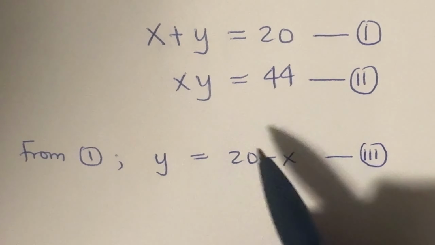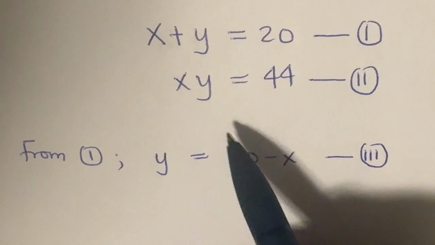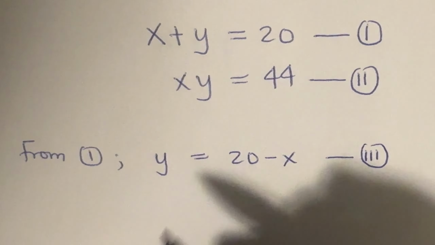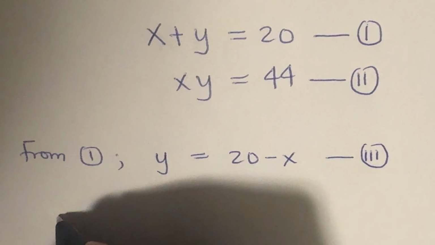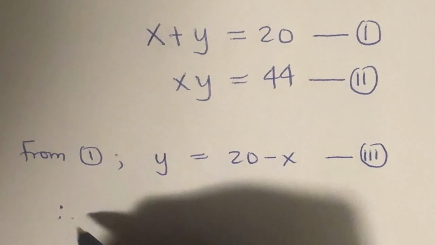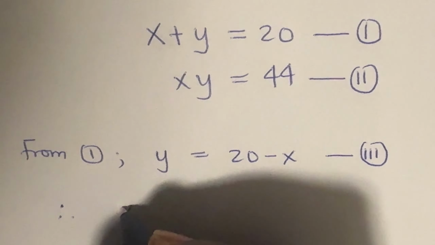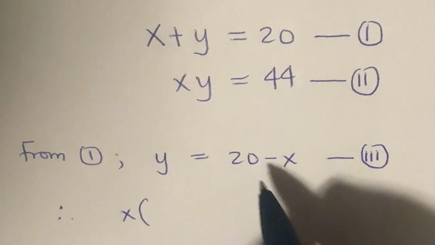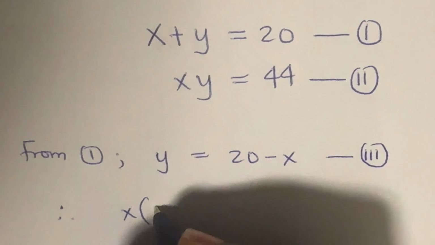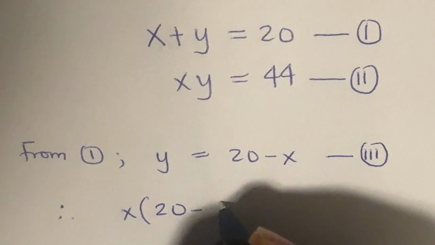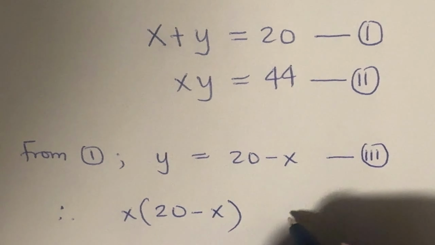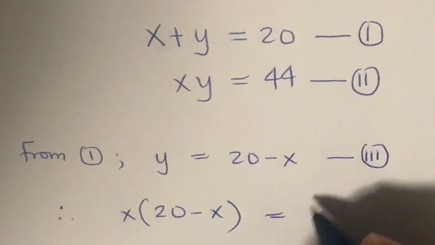Now let us substitute equation 3 into equation 2. This is going to give us x into, instead of y, I will have 20 minus x. So this is x(20 minus x) is equal to 44.